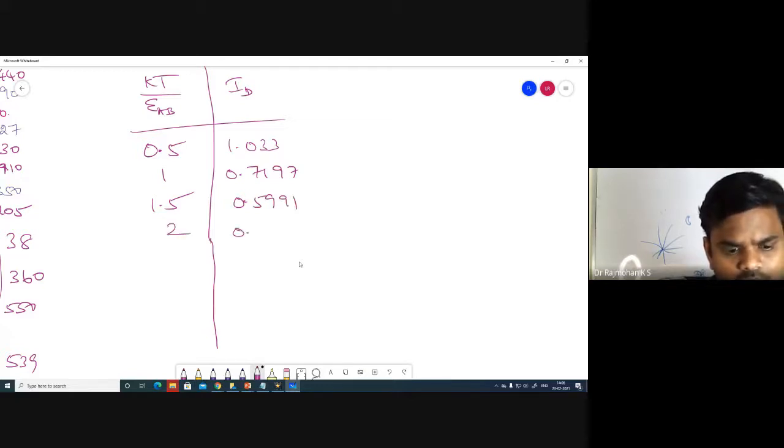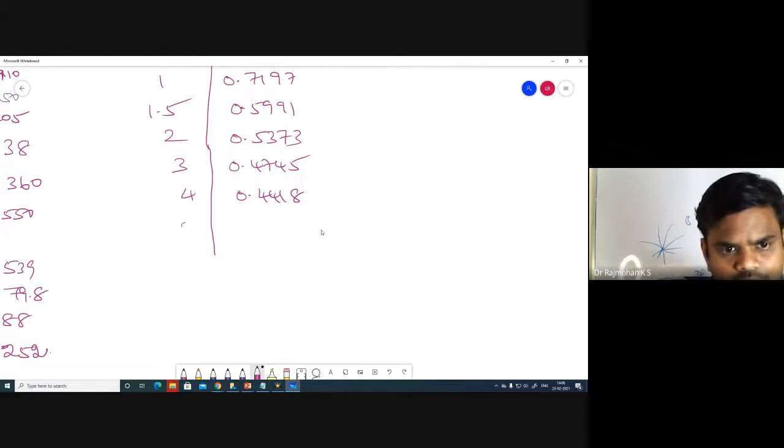For 2 it is 0.5373, for 3 it is 0.4745, 4 it is 0.4418, for 5 0.4211.